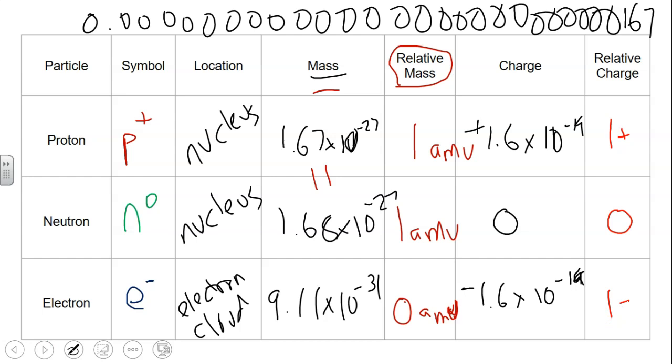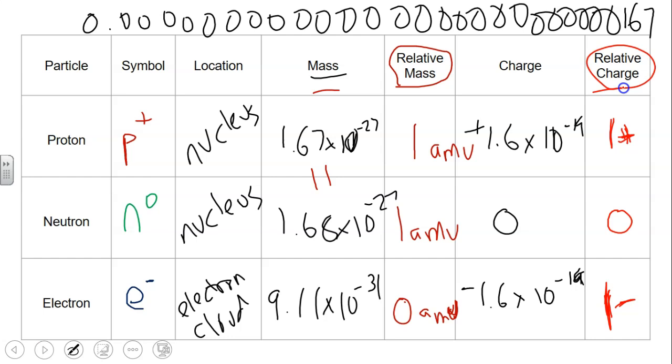One last note, in chemistry, we always put the charge symbol after the number, so it's 1 plus. That way we don't get confused with the value of -1 or the mathematical term subtracting 1 or adding 1, and we know that it's a charge, so it's 1 plus or 1 minus. Okay, so we always put the charge afterwards when we're talking about relative charge.